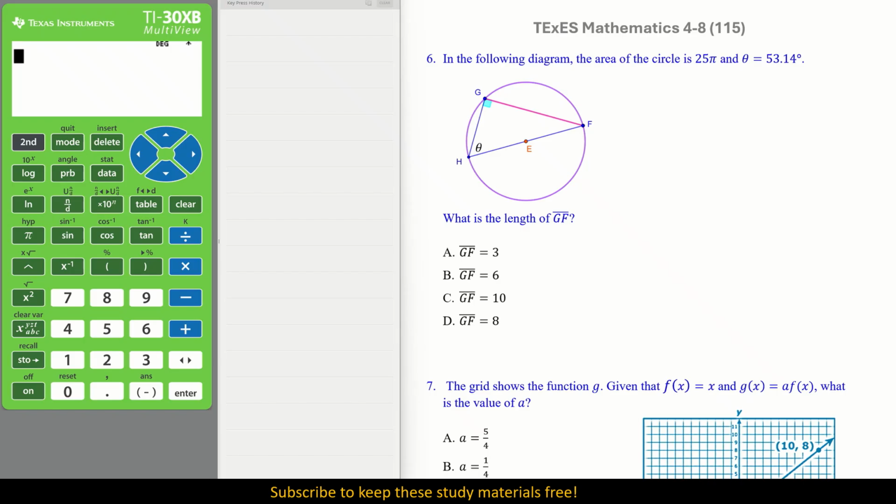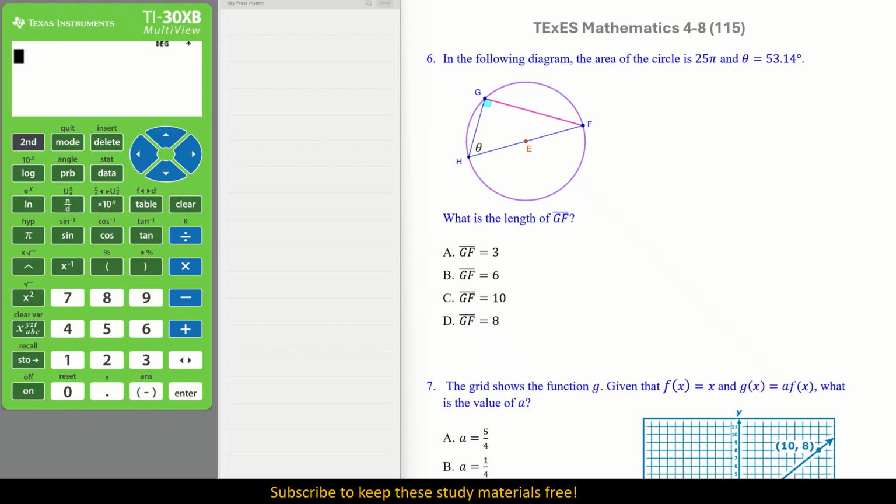Number 6, in the following diagram, the area of the circle is 25 pi and theta equals 53.14. Okay, this particular question, I can already tell by the diagram and the given, it's trying to test your basic knowledge.